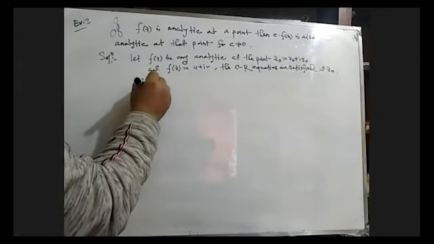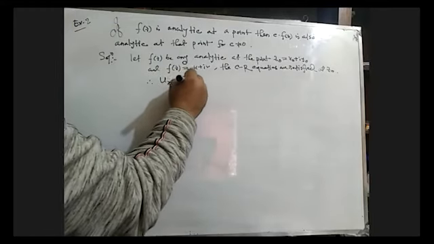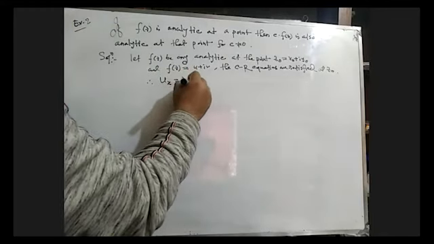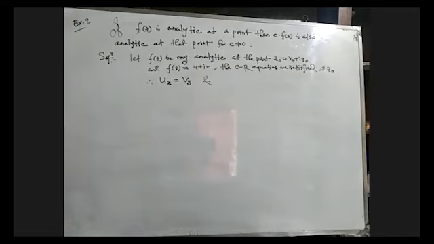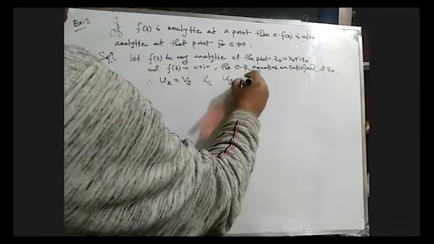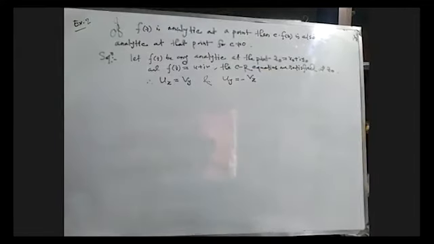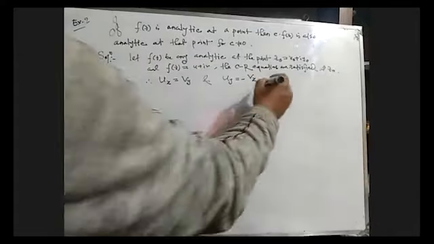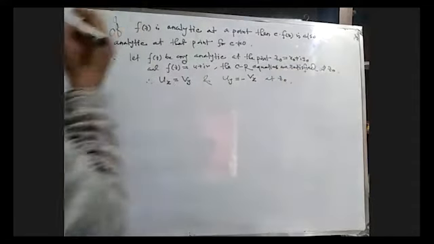So therefore we can write partial differentiation of u with respect to x equals partial differentiation of b with respect to y, and partial differentiation of u with respect to y equals minus partial differentiation of b with respect to x, at the z naught point.